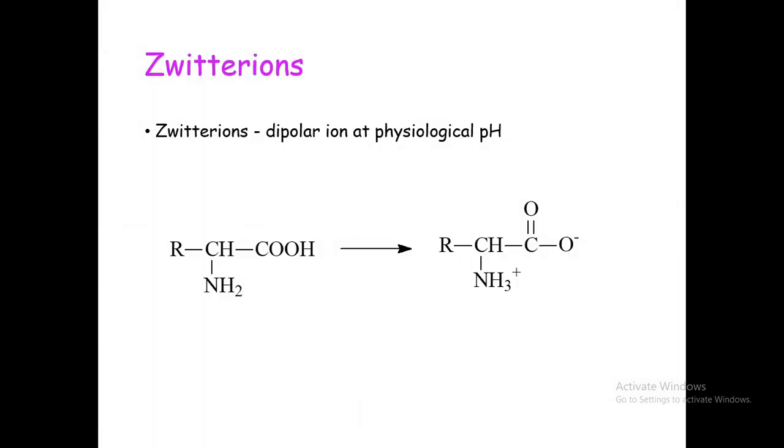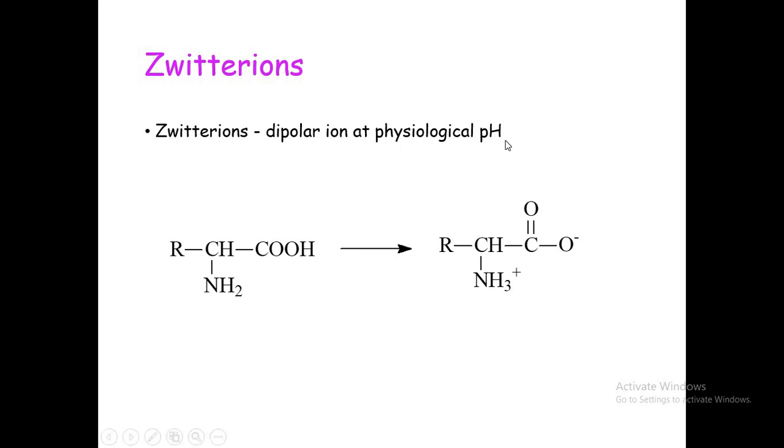Another property of amino acids is that an amino acid can exist as a zwitterion. What are zwitterions? Zwitterions are ions that have both charges.